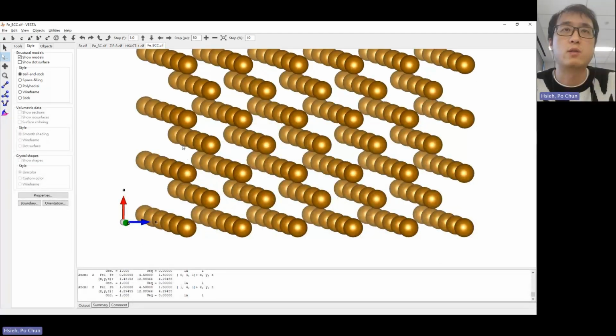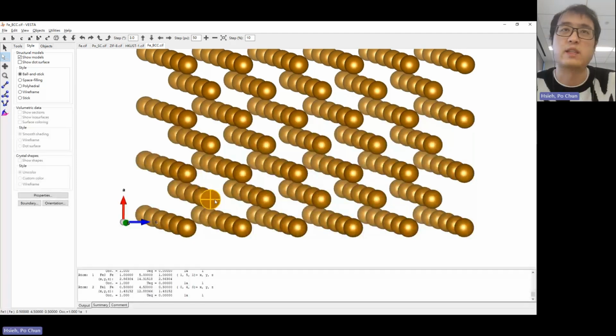If we look closely at the bottom left corner here, we can see the body centered unit cell we saw before, right? These four atoms are the atoms at the corner of the cube, and this atom is the atom at the center of the cube.